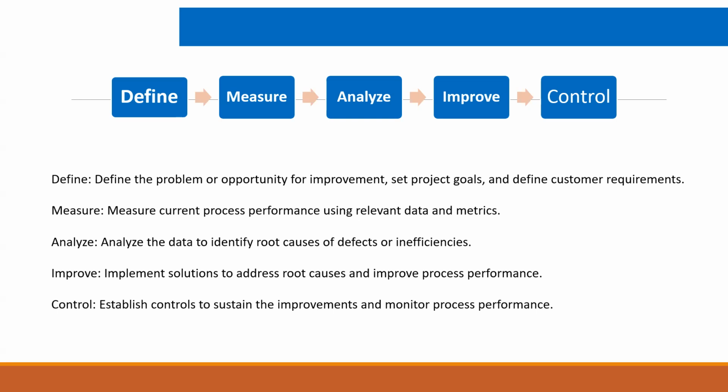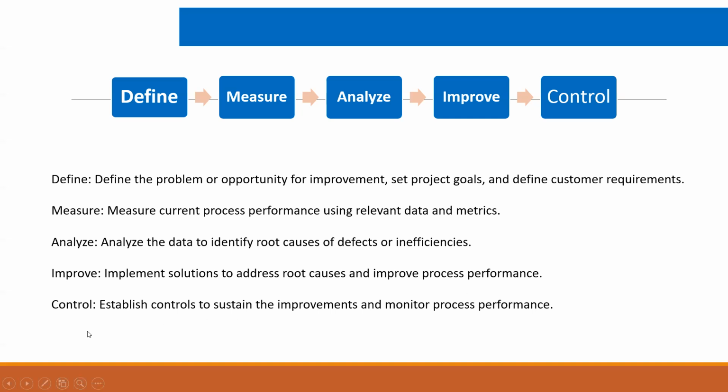And based on those data measurements, we have found these root causes, and based on the root causes, we have found this alternate solution to work on, and we have to implement it, right? So implement solutions to address root causes and improve process performance, right? So once you implement it, you reach the process to improve it. Clear?